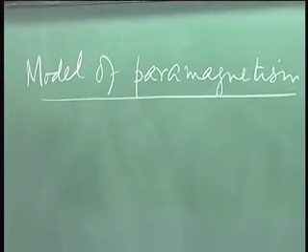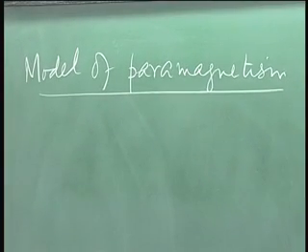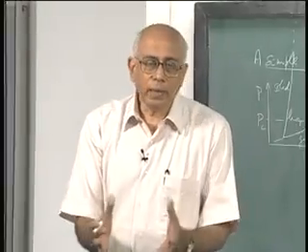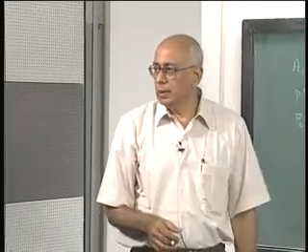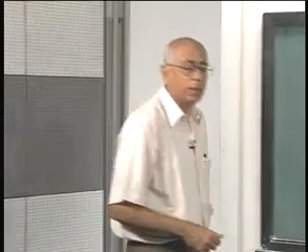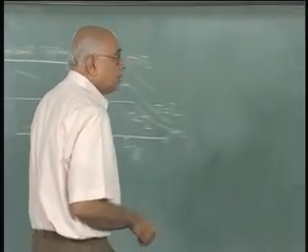Now in our naive way of looking at things, we are going to assume that the system we are looking at consists of elementary magnetic dipole moments. We know that many atoms have permanent magnetic dipole moments for whatever reason. The reasons are quantum mechanical, but we will come back to that in the next course.